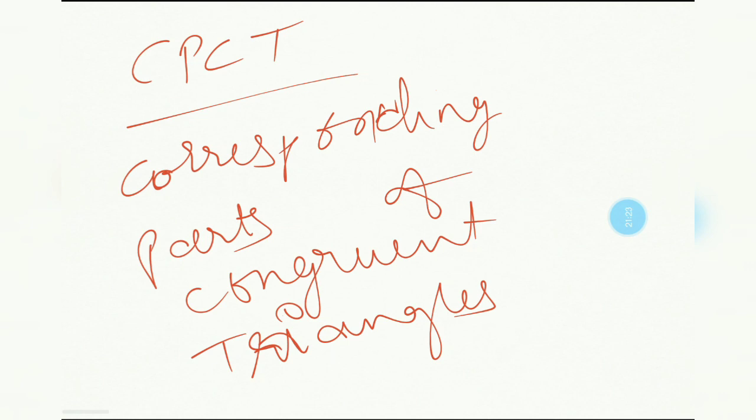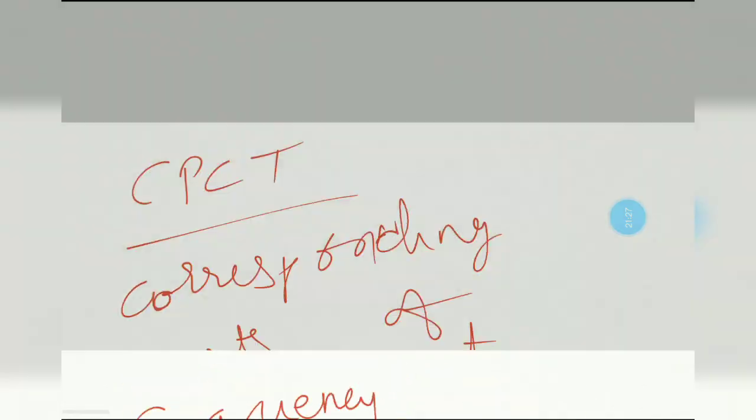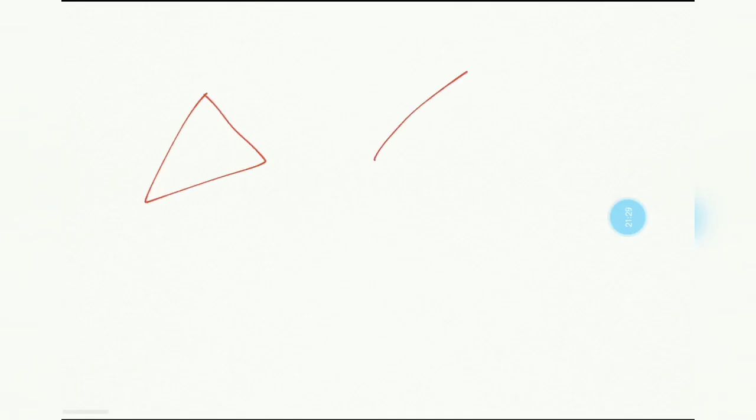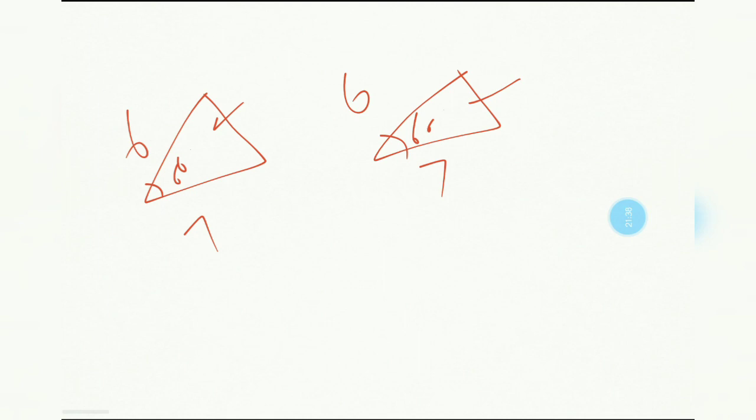That means if previously I showed you this triangle and this triangle, this is 6 centimeter, 7 centimeter, and angle is 60. Now if we know that, we can say that this side and this side also will be equal. This angle and this angle also will be equal. Directly we can say those statements by using the CPCT.